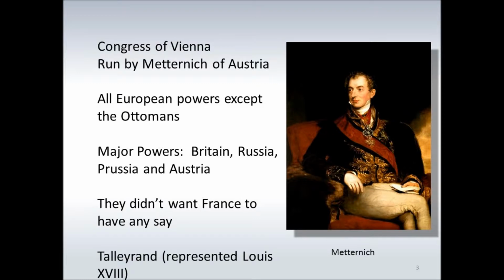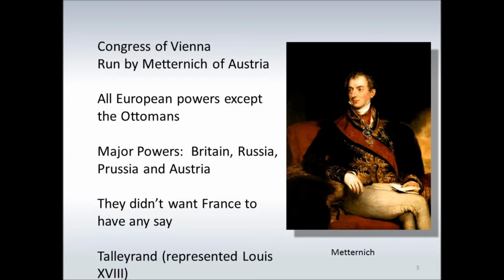Congress of Vienna. As I just mentioned, this is run by a man named Metternich, and he is, as we'll talk about, a conservative from Austria, meaning he wanted to retain the powers of the monarchy, and we'll get into that in just a bit. But at this Congress of Vienna, they invited all the countries of Europe to come together, except for the Ottomans.